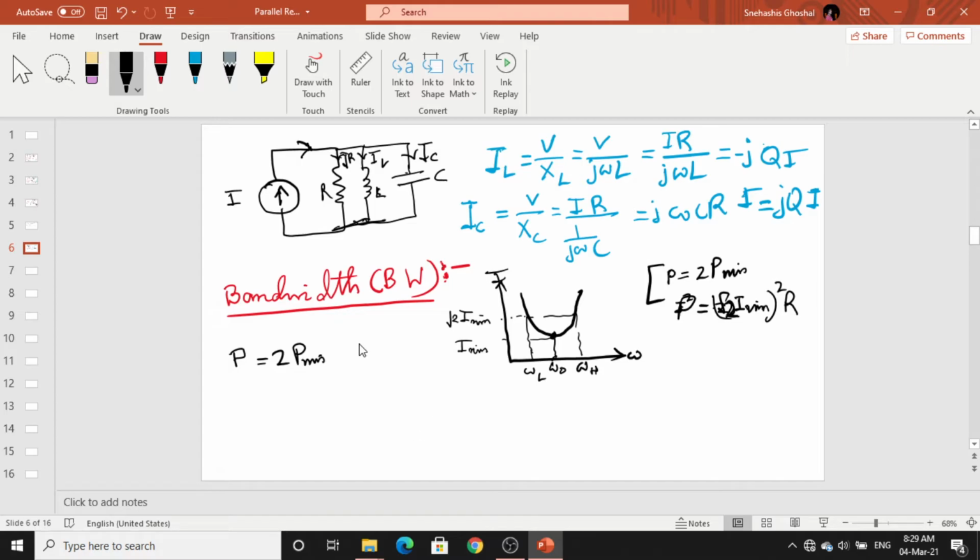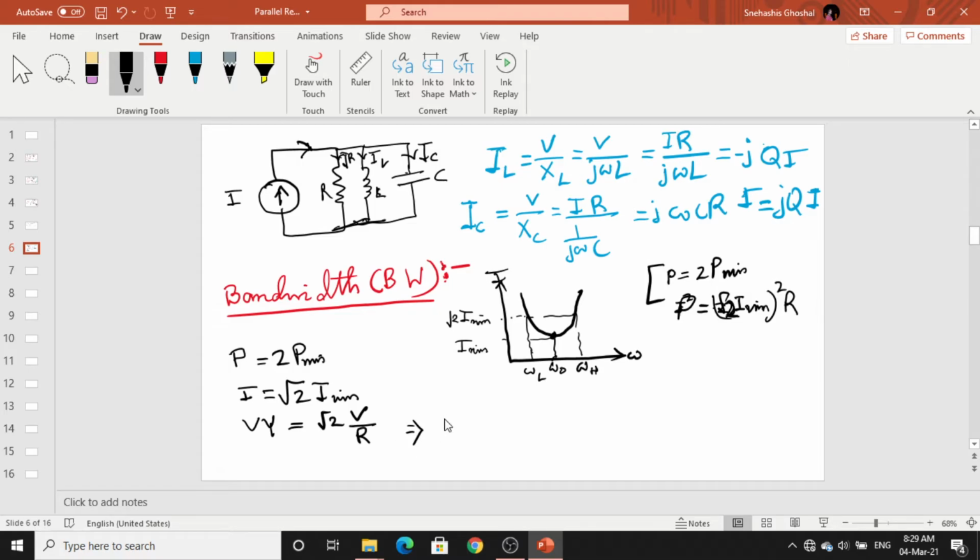Clear? Now you can write that I equal to root 2 I minimum, or V into Y equal to root 2 into V into 1 by R. I minimum, their impedance part vanishes, I mean to say the reactive part vanishes, the imaginary part vanishes, only R stays.